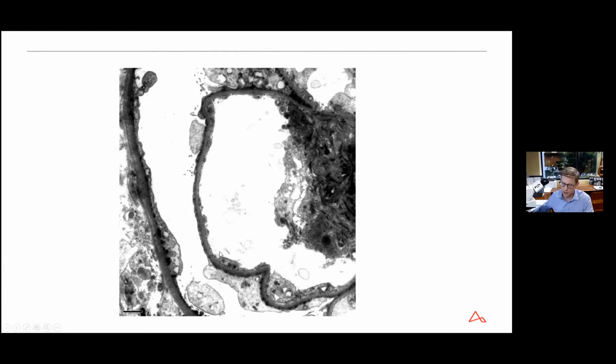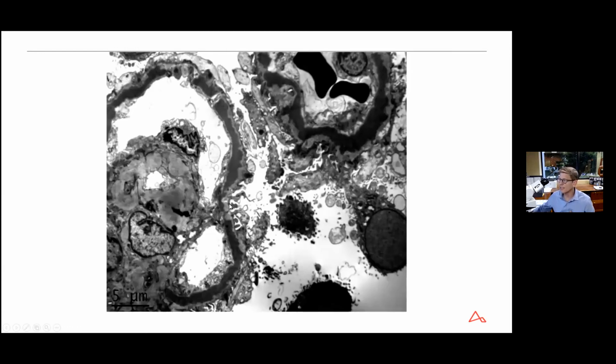This is known as foot process effacement. And it would be what you would see in the electron microscopy from a patient with minimal change disease or a primary FSGS. And then here is an example of a glomerular basement membrane with the classic electron dense transformation that would be seen in a patient with dense deposit disease.